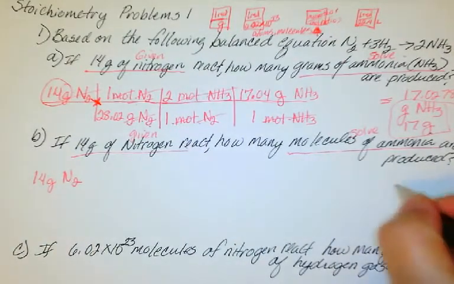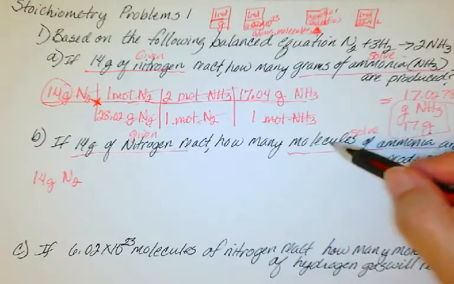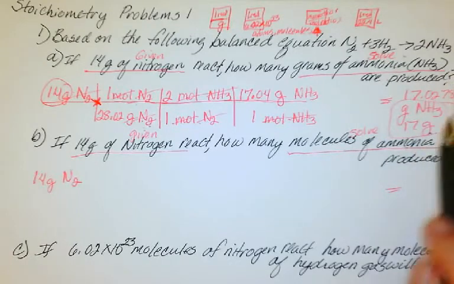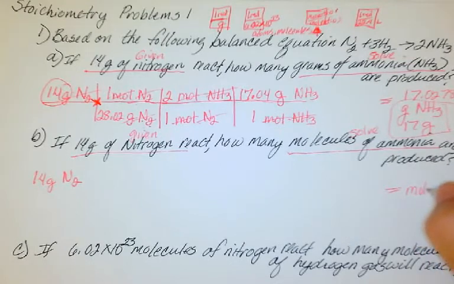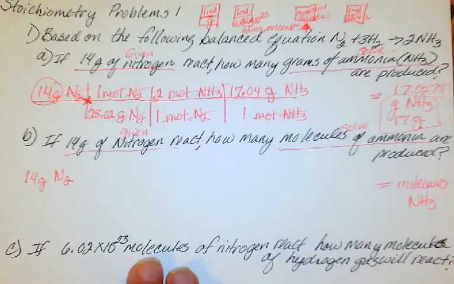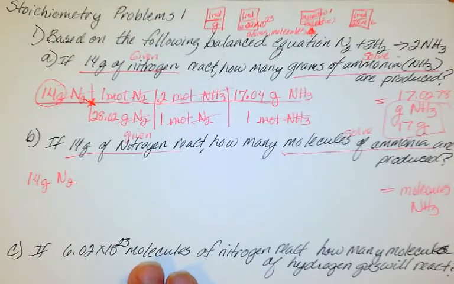What am I trying to solve for this time? Molecules of ammonia. Before I tried to solve for grams of ammonia. So this time, molecules of NH3.